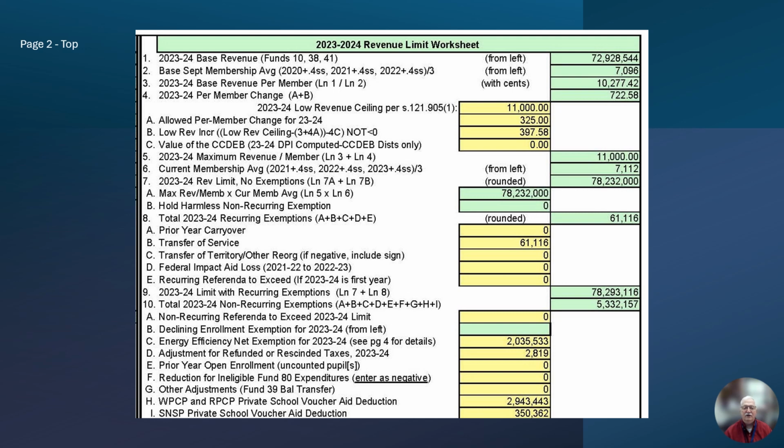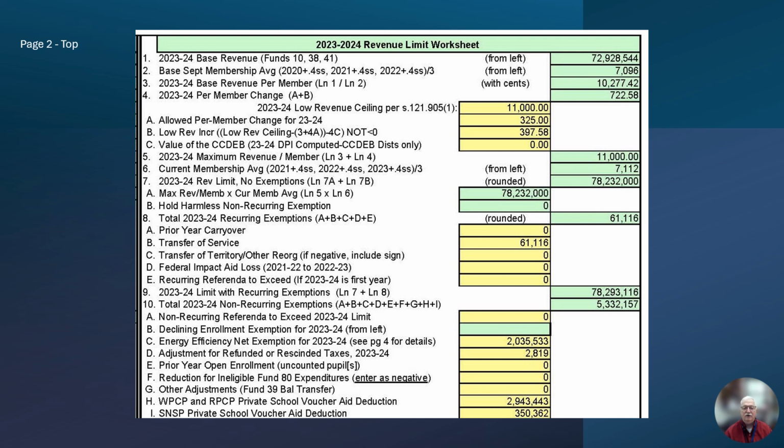The next series of entries include possible recurring and non-recurring exemptions, $61,116 and $5,332,157 respectively, that increase the allowable revenue limit.